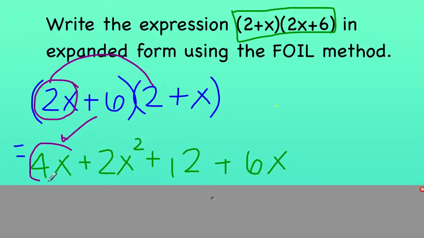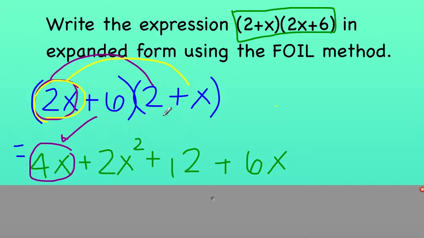So I'm going to try and color code this. When I did my first two terms in purple, I got this result right here, which was our 4x. And when I go back to do our next step, I'm going to take this 2x and multiply it by our x. So now we're doing our outermost terms.